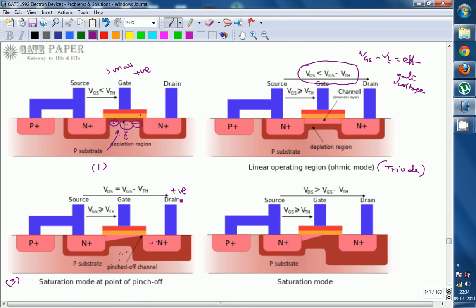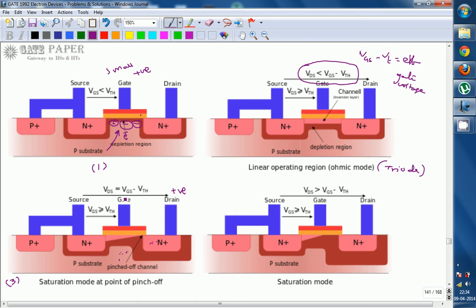As reverse bias increases, the depletion region increases, and it penetrates more into the lightly doped side. Out of the P type substrate and N plus region, N plus is heavily doped, whereas the P substrate is lightly doped. So the depletion region penetrates totally into the P type substrate.